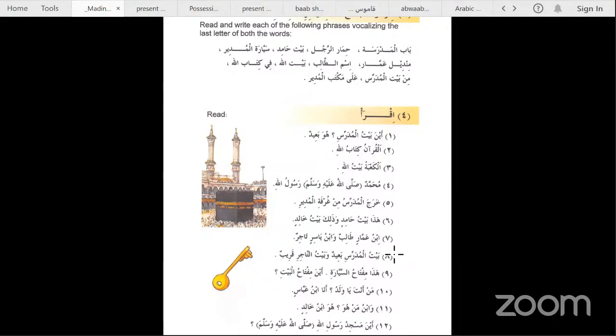أين بيت المدرس؟ Where is the teacher's house? هو بعيد. It's far. القرآن كتاب الله. The Quran is Allah's book. الكعبة بيت الله. The Kaaba is Allah's house. Muhammad Rasulullah sallallahu alayhi wa sallam. Muhammad is the messenger of Allah. خرج المدرس من غرفة المدير.